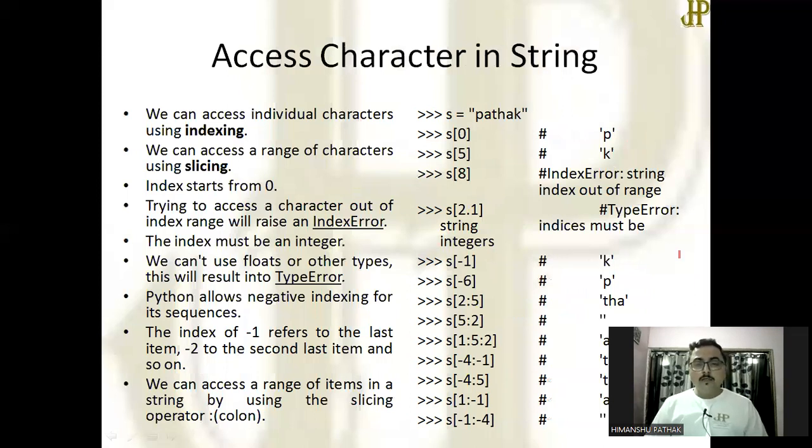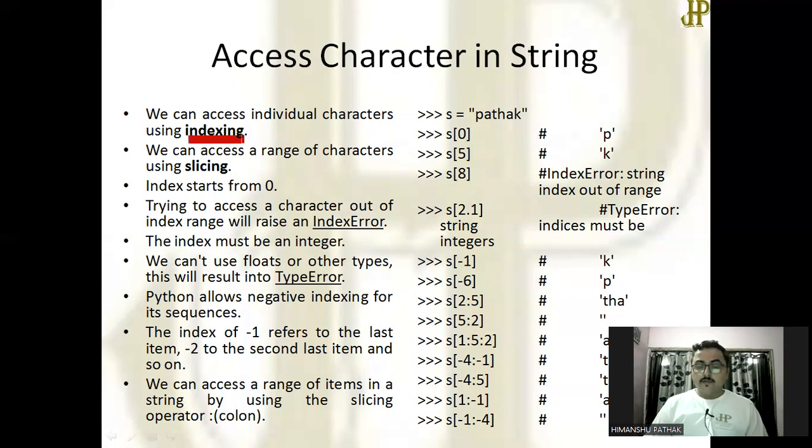Whatever we learned when we talked about lists as well as tuples, all the possibilities apply to strings too. So what are they? We can access individual characters using indexing.